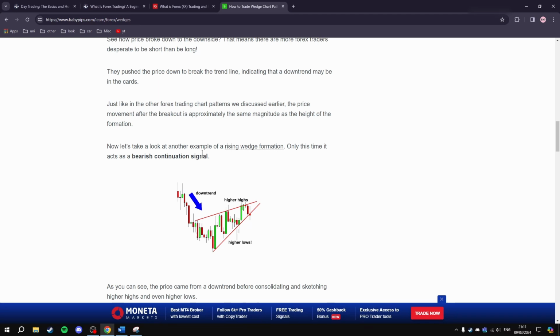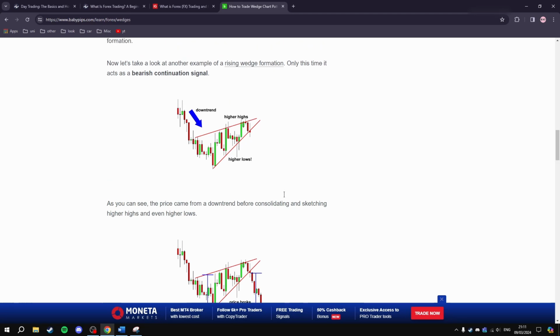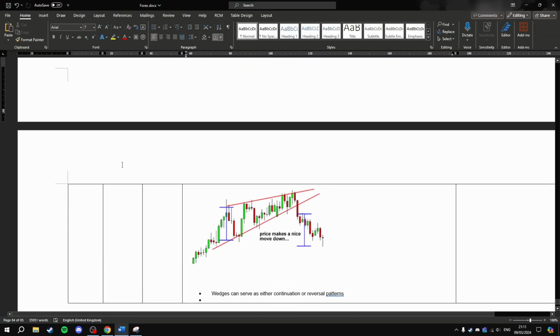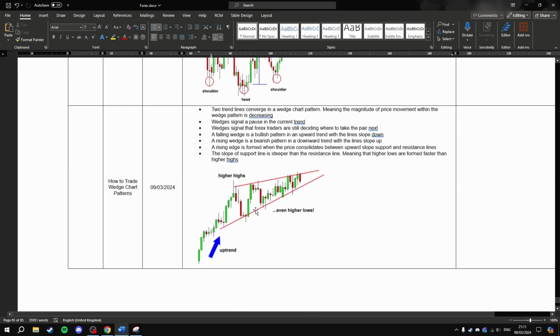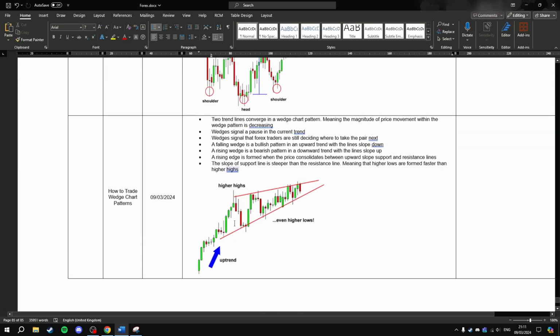Now let's take a look at another example of the rising wedge formation, only this time it acts as a bearish continuation signal. As you can see, the price came from a downward trend before consolidating and sketching higher highs and even higher lows. So this is the, what is it called?